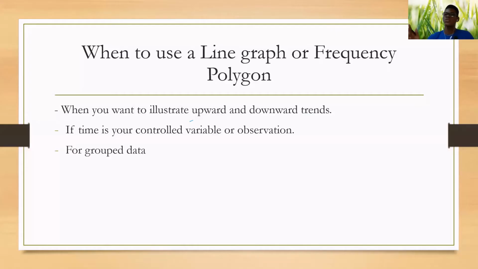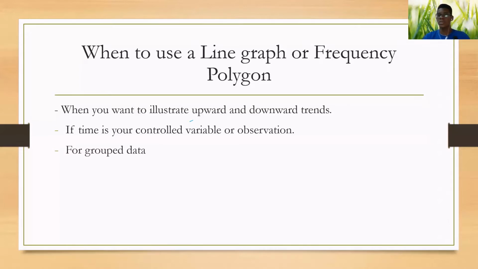Now, this is when you should use a line graph or a frequency polygon. You could use either or when you're illustrating upward or downward trends. You go to your line graphs, right? You want to show how your data is fluctuating with time or against some observation. It could be time, temperature, pressure, whatever the case might be.